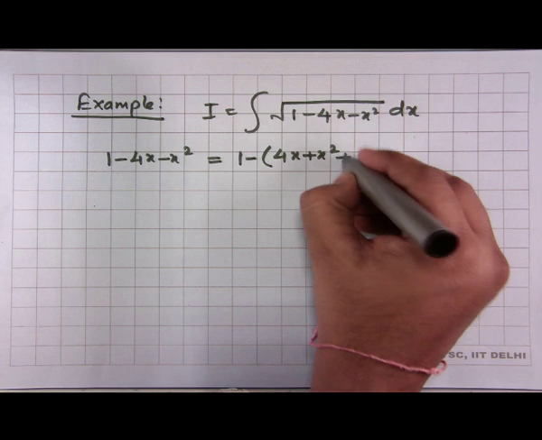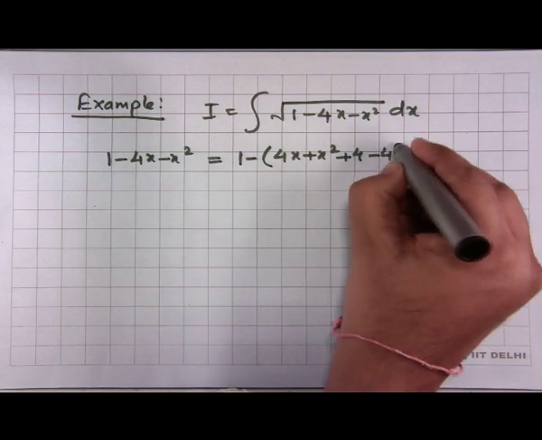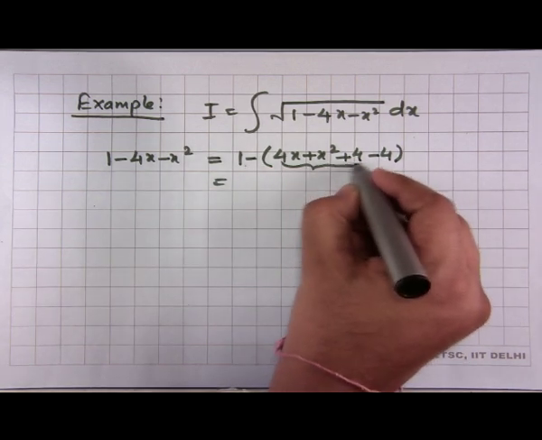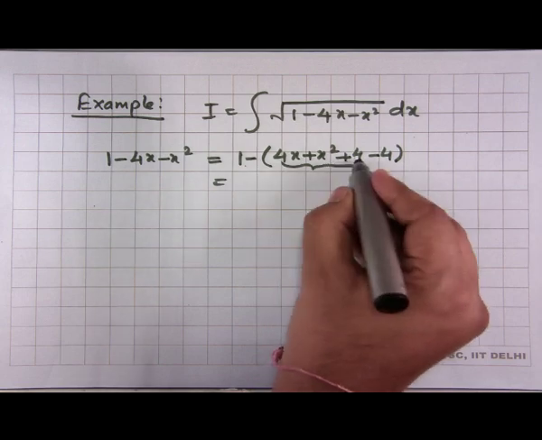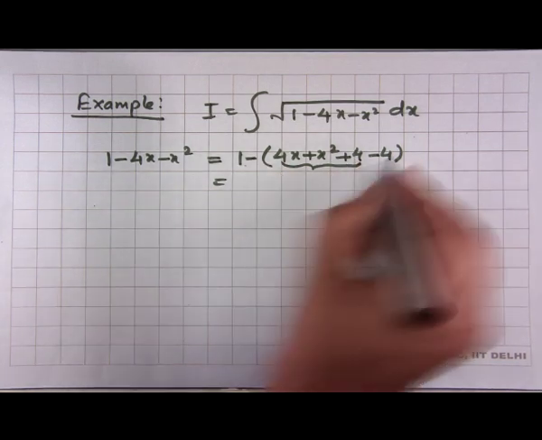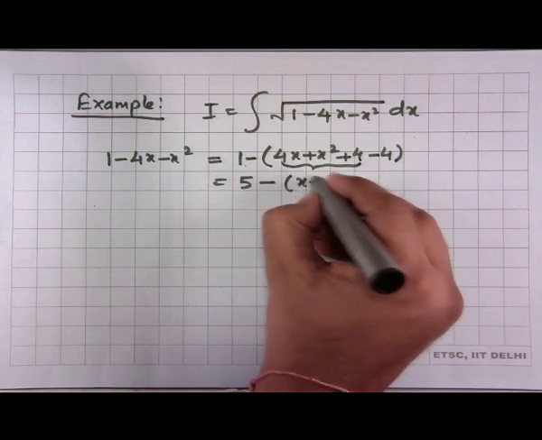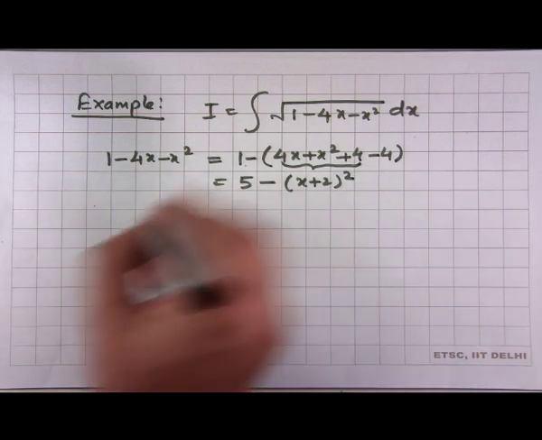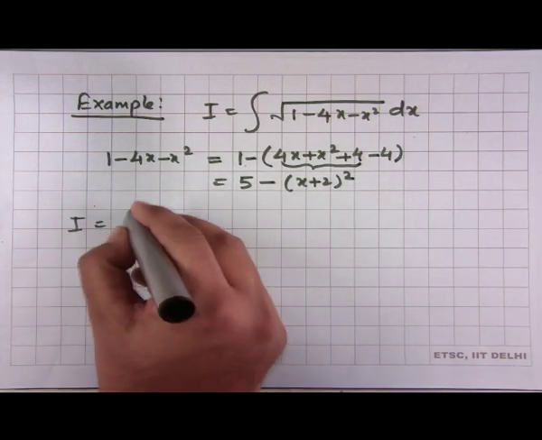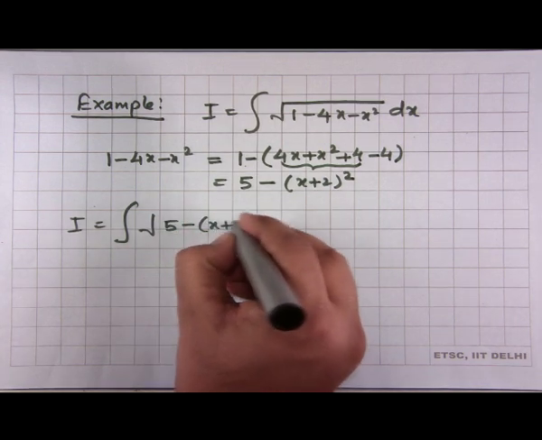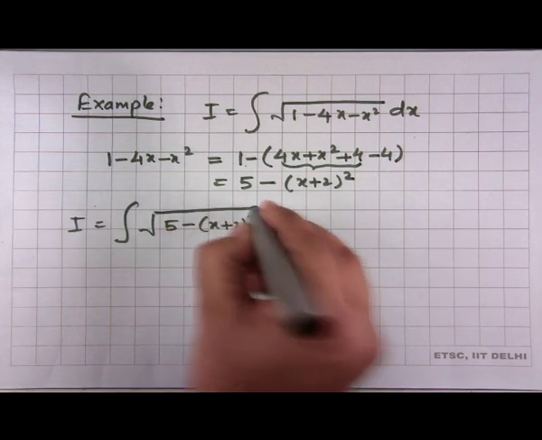If I add 4 here and subtract 4 here, this becomes x plus 2 whole square, and 1 plus 4 is 5, so it is 5 minus x plus 2 whole square. So, the integral I can write as integration of square root of 5 minus (x plus 2) whole squared dx.